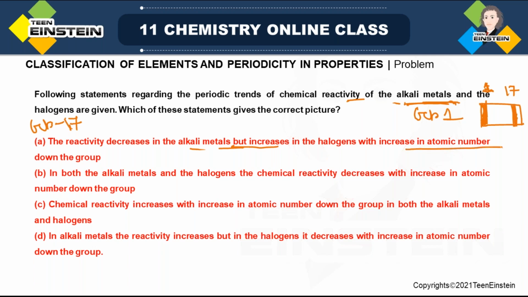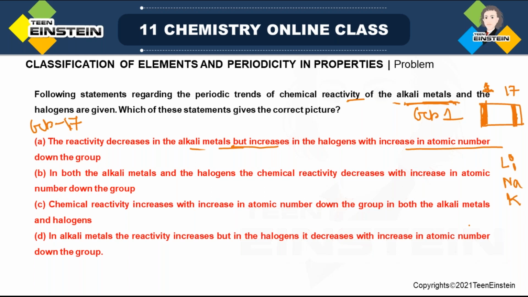Atomic number increases when you move down a group, from lithium to sodium to potassium. So it is another way of saying that moving down the group, reactivity decreases in alkali metals but increases in halogens.